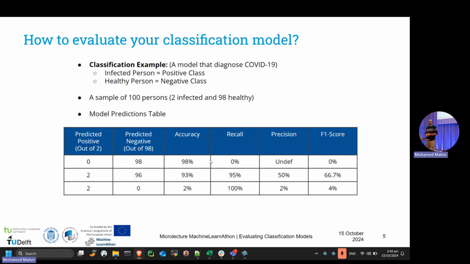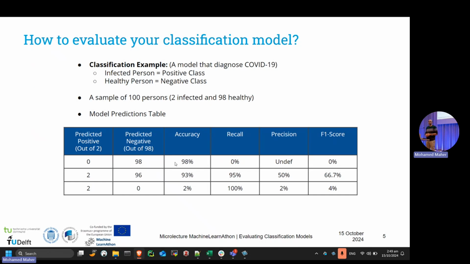As we can see here, the first model has an accuracy of 98% and a recall of 0%, precision undefined, and F1 score of 0%. The second one has 93% accuracy, 95% recall, and so on. So if accuracy is the best evaluation metric for your task, you are going to choose the first model.